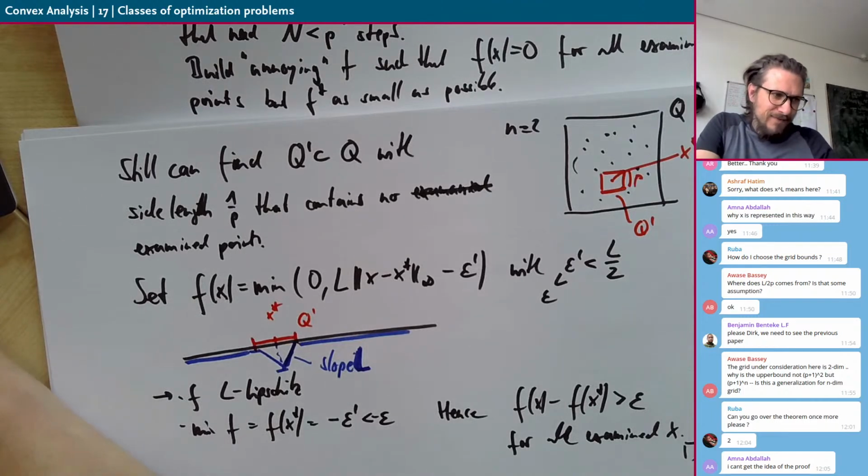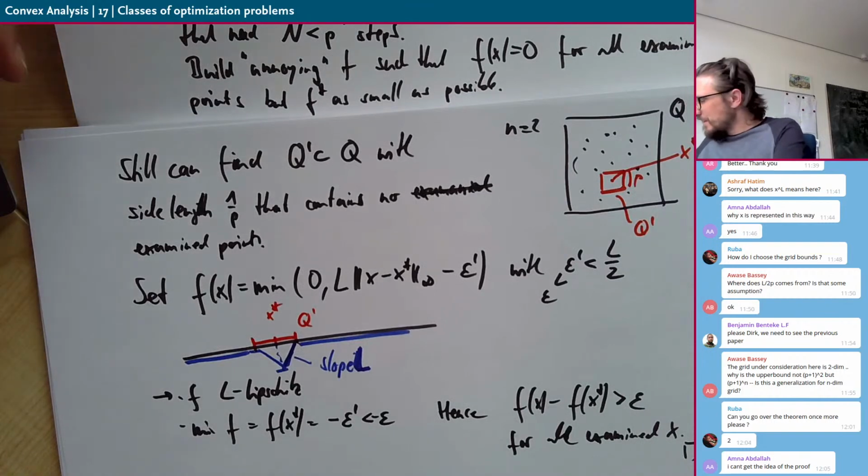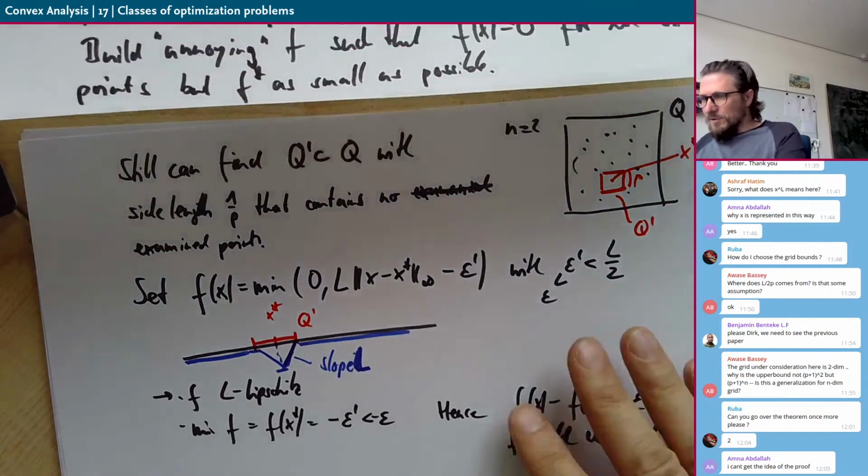The takeaway here is that for this simple global optimization problem of bounded Lipschitz continuous functions on a cube, the simple algorithm grid search is bad, but you can't do much better. What you see is a difference here.